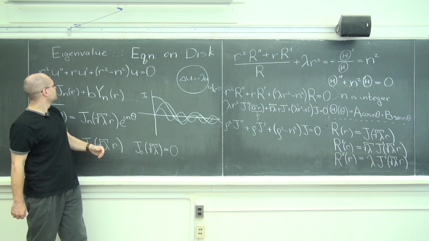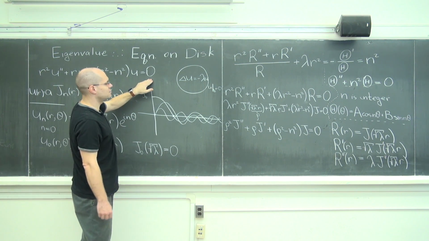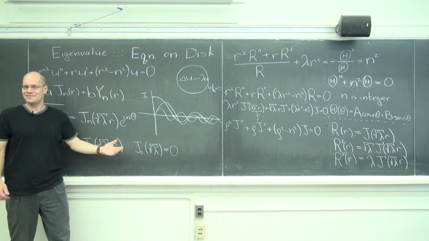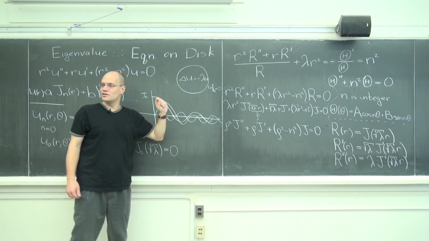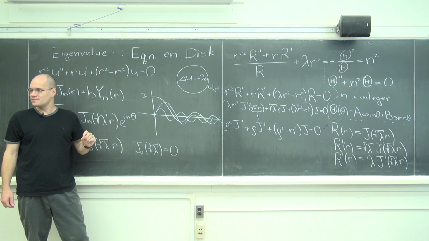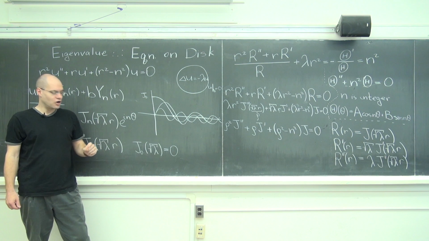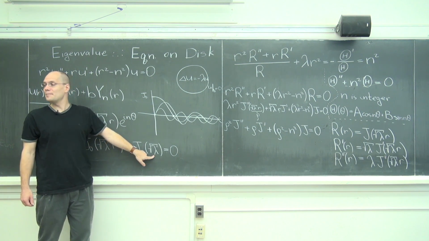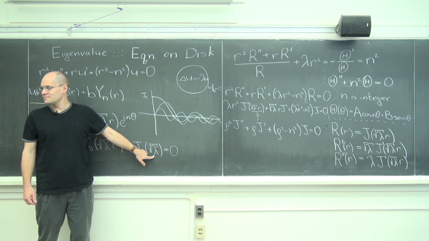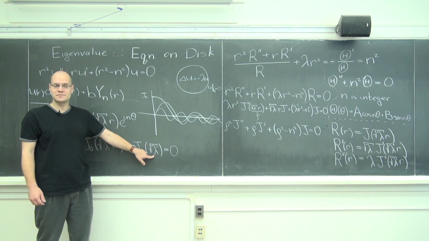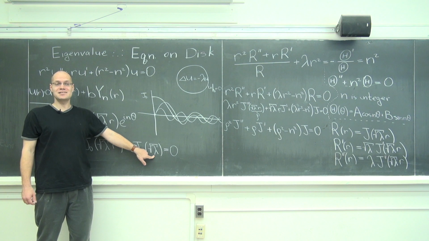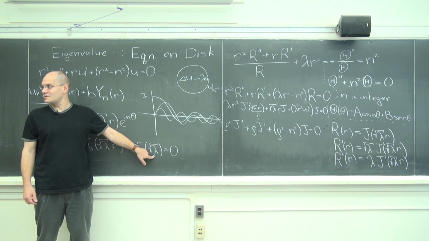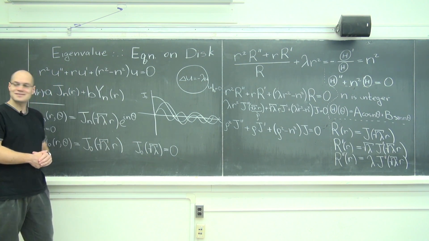I don't have the Laplace eigenvalue equation here, but there was a minus. Remember this minus. So the eigenvalues on the unit disk are minus the roots of the Bessel functions squared. Okay? And that's the spectrum of the Laplace operator on the unit disk, now complete.